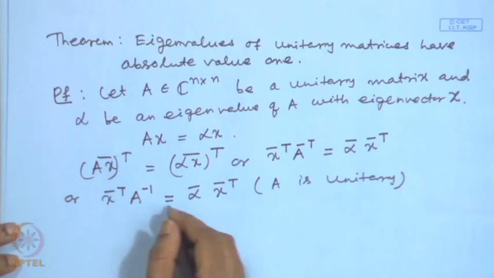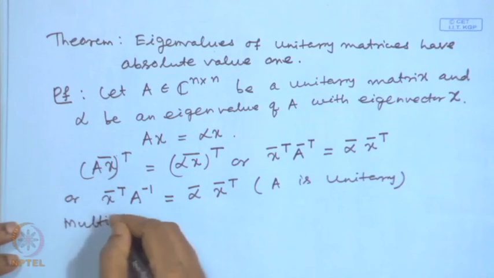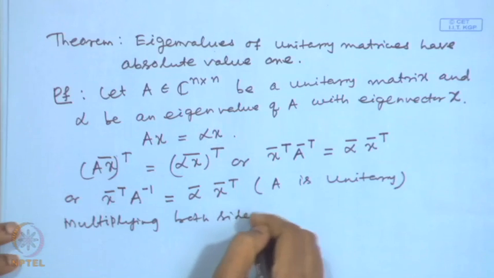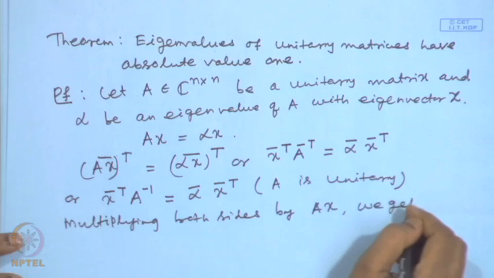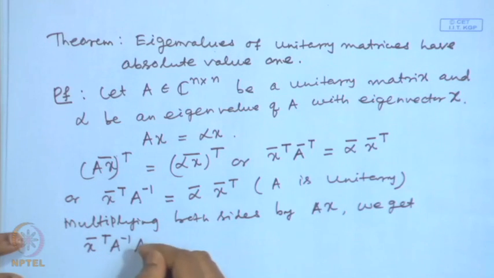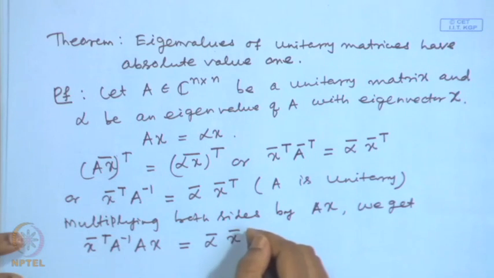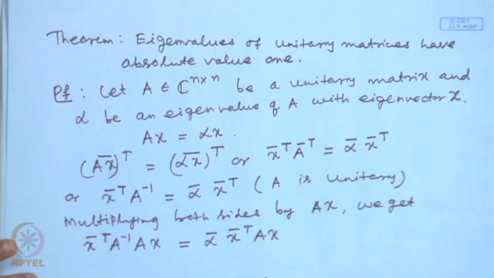Next we shall multiply both sides by A x. So, we get the conjugate transpose of x, A inverse multiplied by A x, is equal to alpha bar times the conjugate transpose of x times A x, and A inverse A is equal to identity.